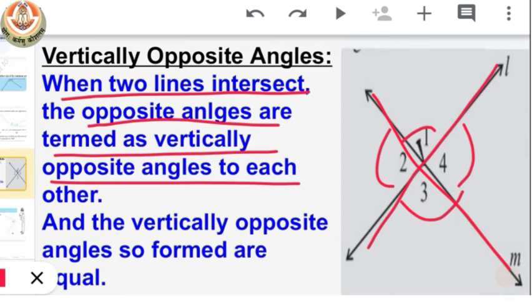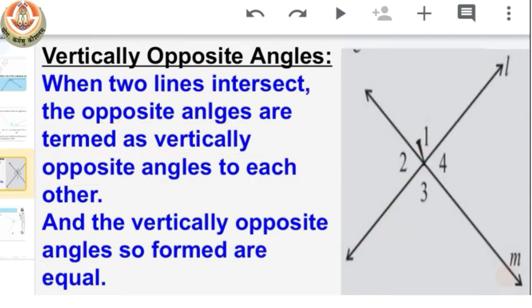Opposite angles means angle 3 is opposite to angle 1. That means angles 1 and 3 are making vertically opposite angles. Similarly, angle 4 and angle 2 are opposite to each other. That means 2 and 4 together are making vertically opposite angles.